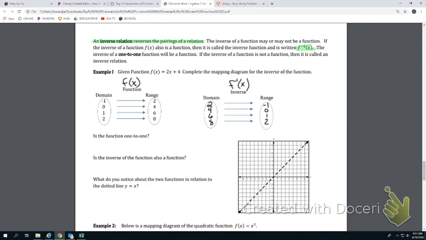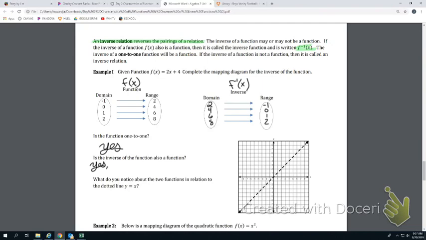Is the original function a one-to-one function? Yes. No repeating x's, no repeating y's. It's a one-to-one. If the original is a one-to-one, the inverse is going to be a function.